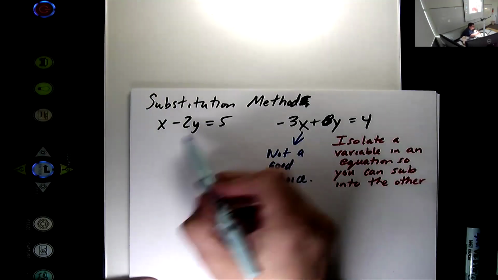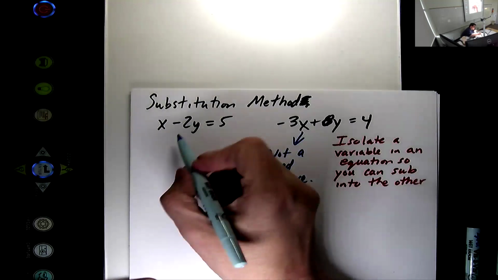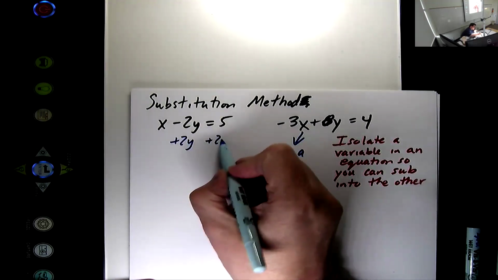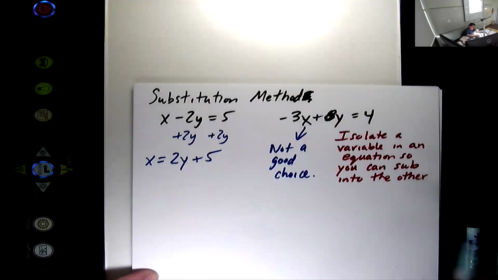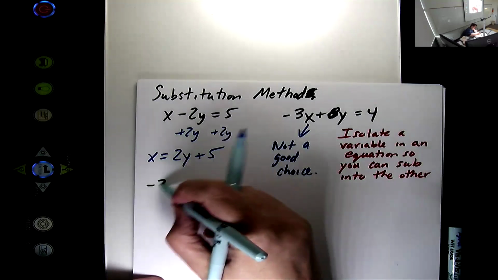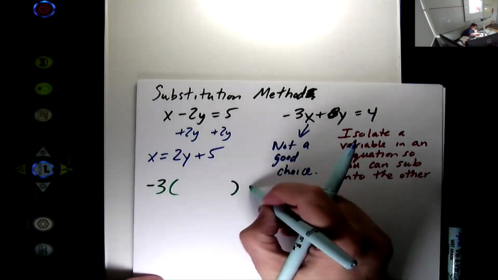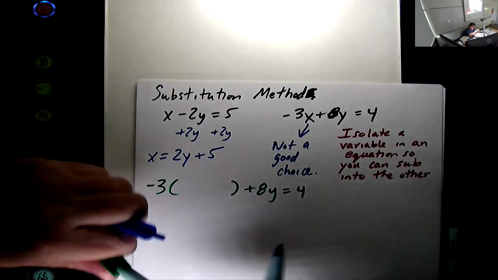Here, this is a really good choice because x has already got a coefficient of 1. So all I gotta do is add 2y to both sides to get x equals 2y plus 5. So I'm gonna go up here and in the other equation, where the x was, I'm gonna replace it with 2y plus 5.